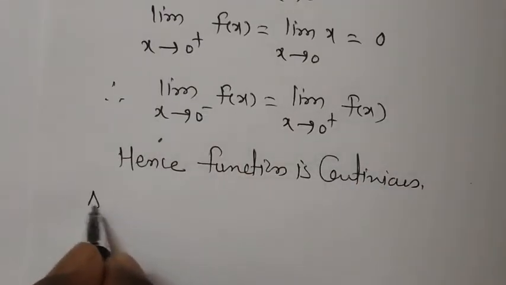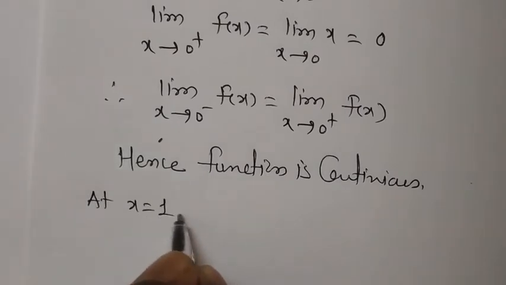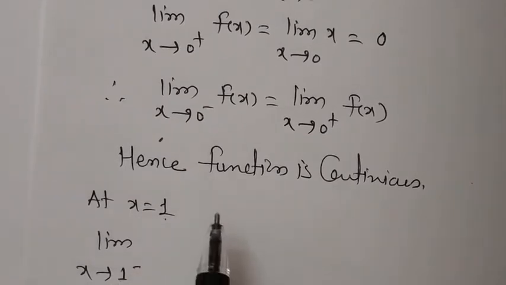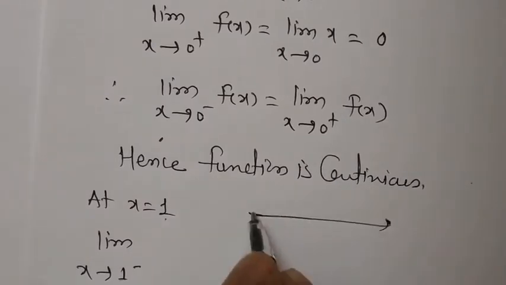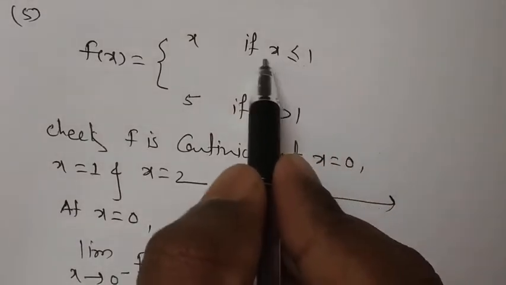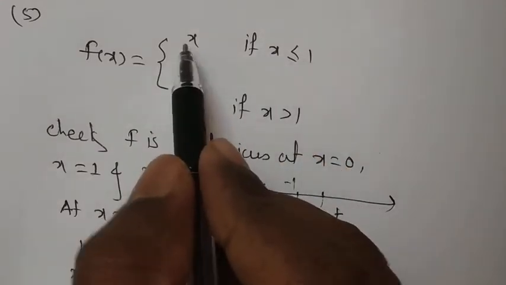At x equals 1, limit x tends to 1 minus, because here the limit is 1. 1 minus means what? Left side of 1. This is a number system. This is 1. Left side of 1, there are two values. On the left side of 1, x is less than 1, the answer is x.